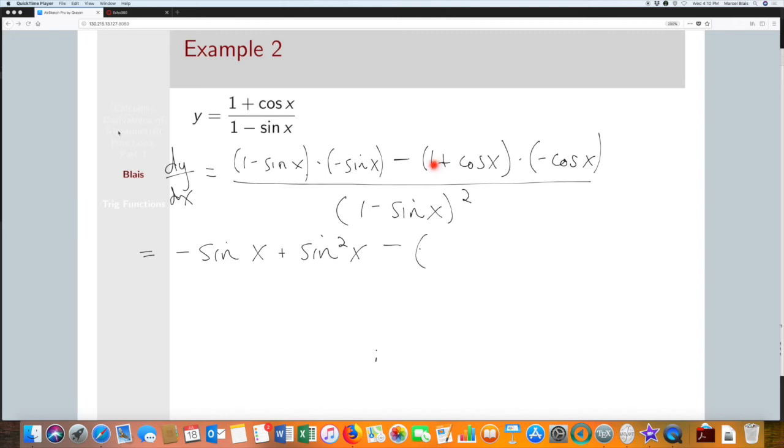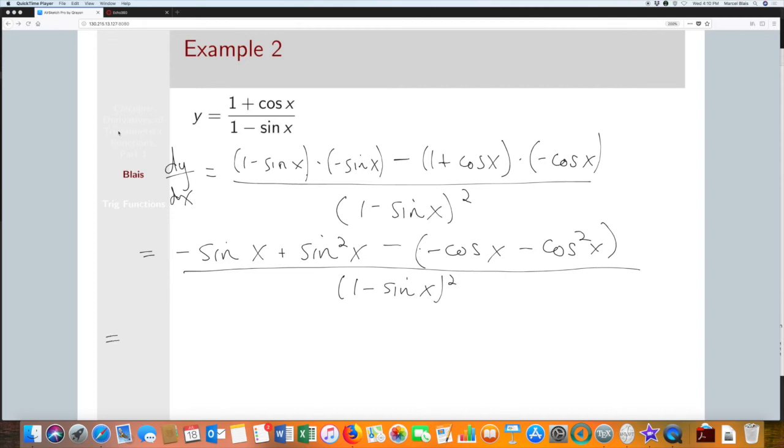Then we'll have a 1 times negative cosine of x, which is minus cosine of x. And then a cosine of x times a minus cosine of x, so minus cosine squared x, all over quantity 1 minus sine of x squared.